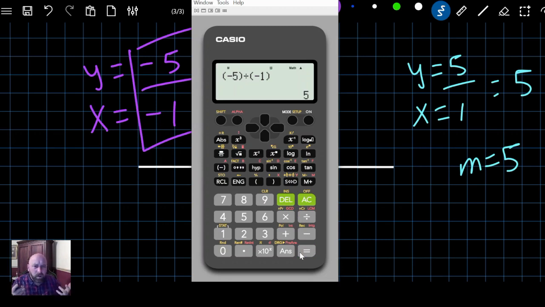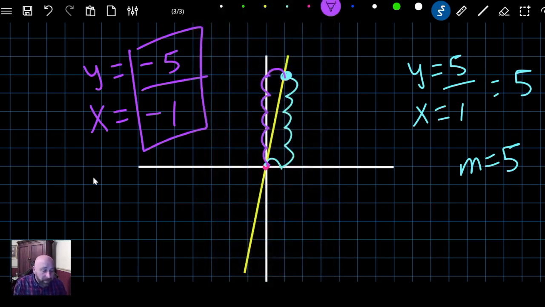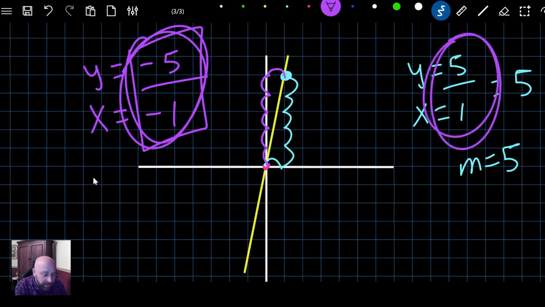Some of you were wondering when we got to that section why this gives us a positive answer. Well, this is a good example of why. When you have two negatives and you divide, it creates a positive answer. So these two are the same. Our slope here is also m equals positive 5.